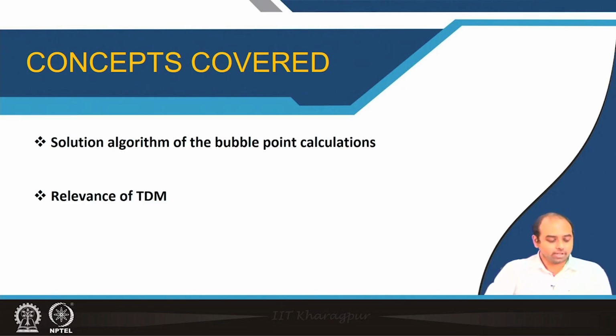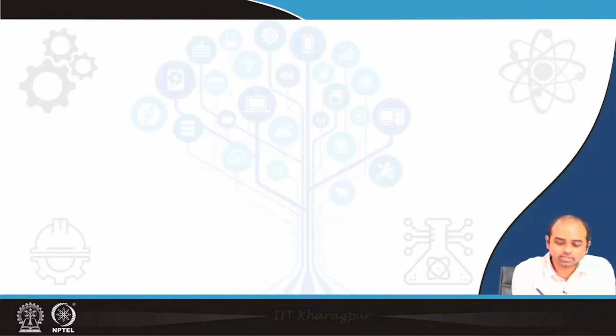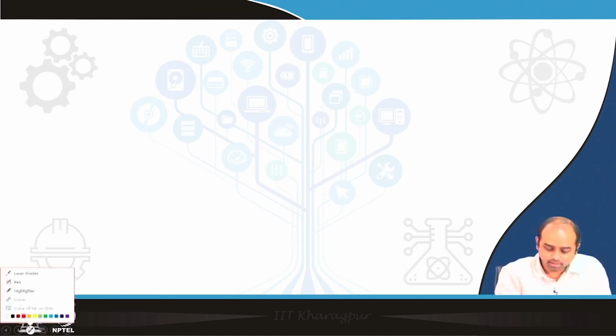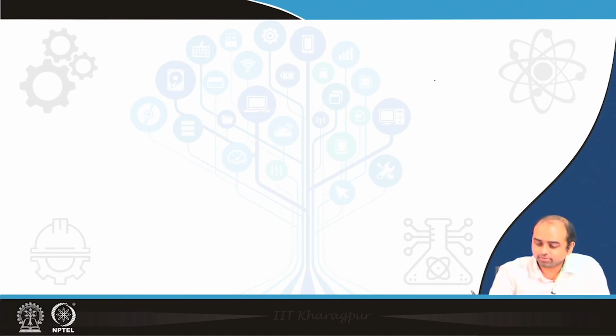Before we start, let us first write down the mesh equations. I will quickly draw the tray for the sake of clarity and understanding. Let us say this is my jth tray.